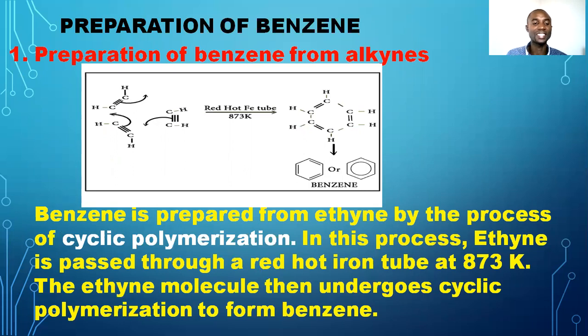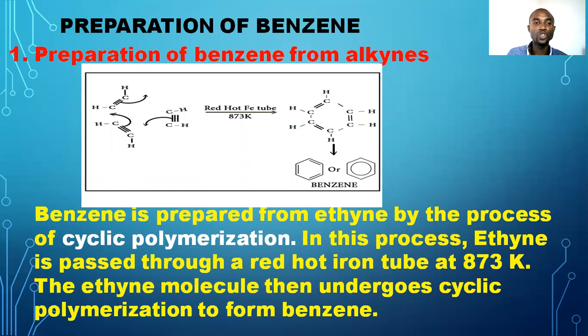In this process, ethyne is passed through a red hot iron tube at around 873 Kelvin. The ethyne molecule then undergoes cyclic polymerization to form benzene. And when it does that, you have this structure of benzene. 3 ethyne, the formula of ethyne is C2H2, times 3 will give you the benzene structure, and it can be represented this way. All right, that is it.